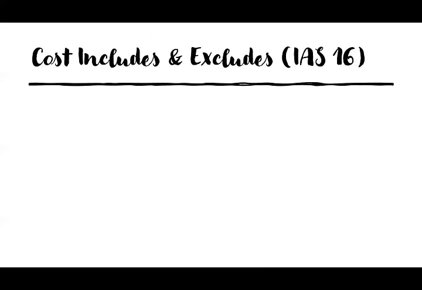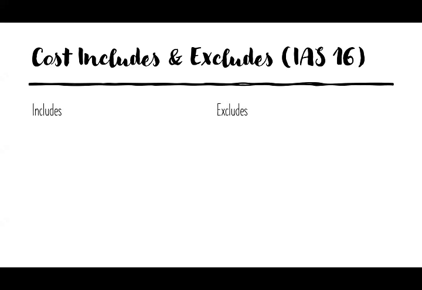Now, IAS 16 Property, Plant and Equipment has given you a list of what to include in cost and what to exclude from the definition of cost. And those which are excluded from the definition of cost, you have to consider as expenses and record them in the income statement or the statement of financial performance.